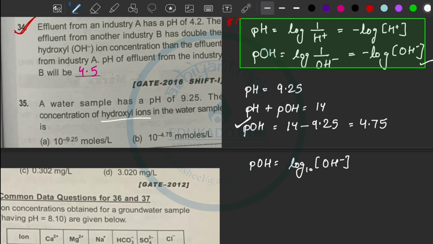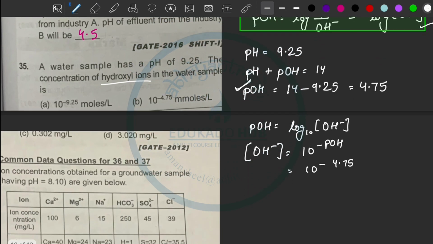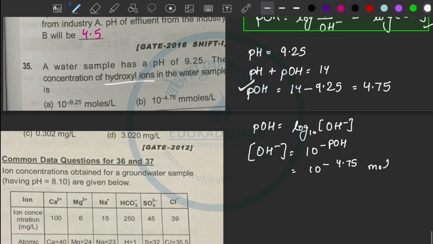From here we can simply say that the OH minus concentration is 10 to the power minus pOH, so it becomes 10 to the power minus 4.75 moles per liter. This is the OH minus ion concentration.